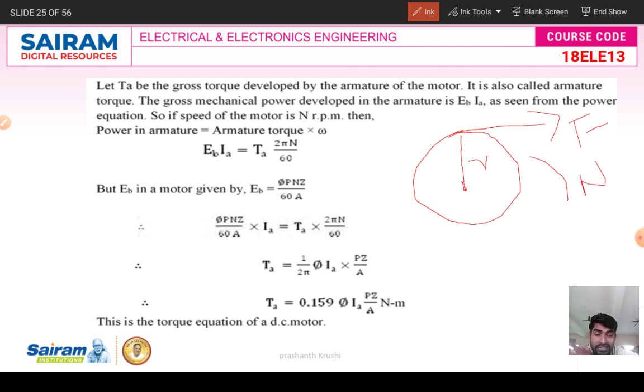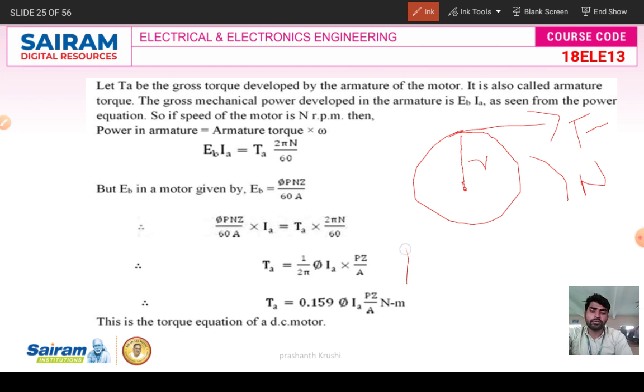If the armature conductor carries a current, it experiences a force according to Faraday's laws of electromagnetic induction, Lenz's law and Fleming's law.